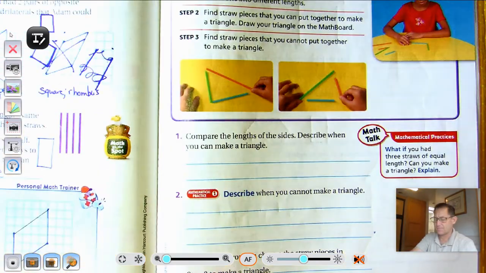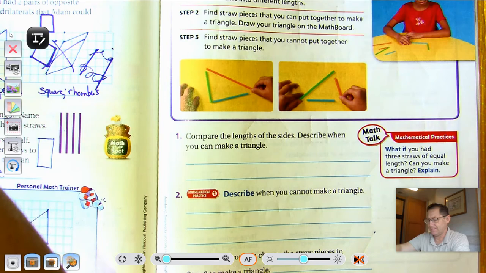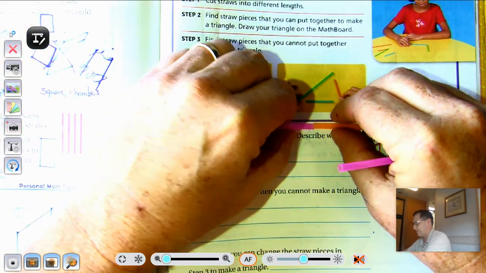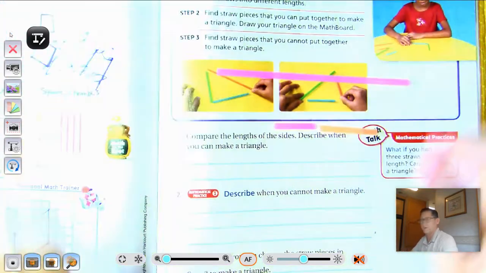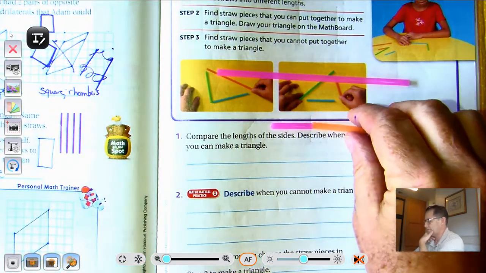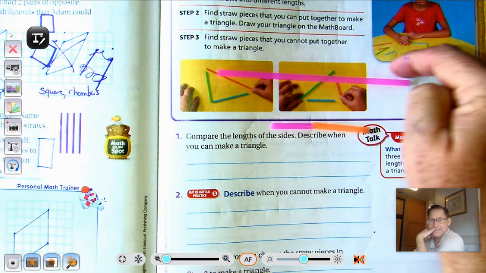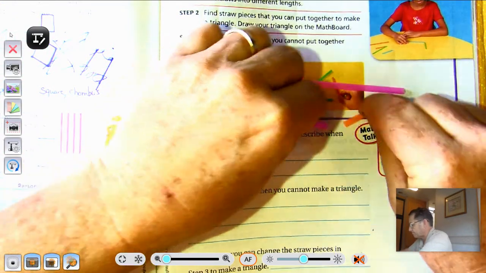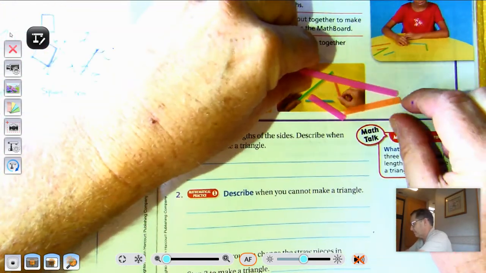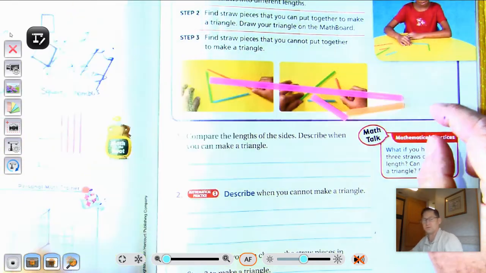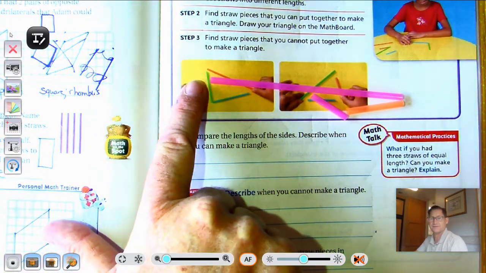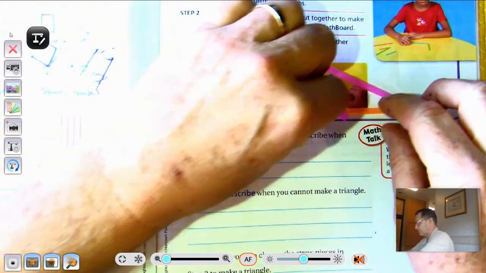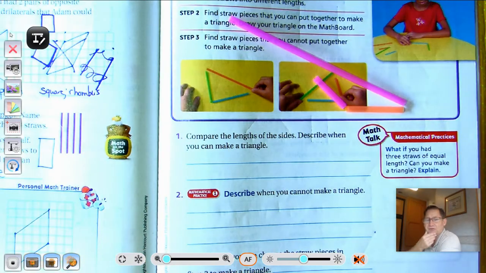Okay. And then we had this one we were looking at. We had put the two cut pieces together with the third piece. This time when I put the two cut pieces together, they weren't longer than this third piece. Did they make a triangle? I could close it, but look how far it's off. It's way over here. It has to be endpoint to endpoint. So there's no way of closing that triangle.